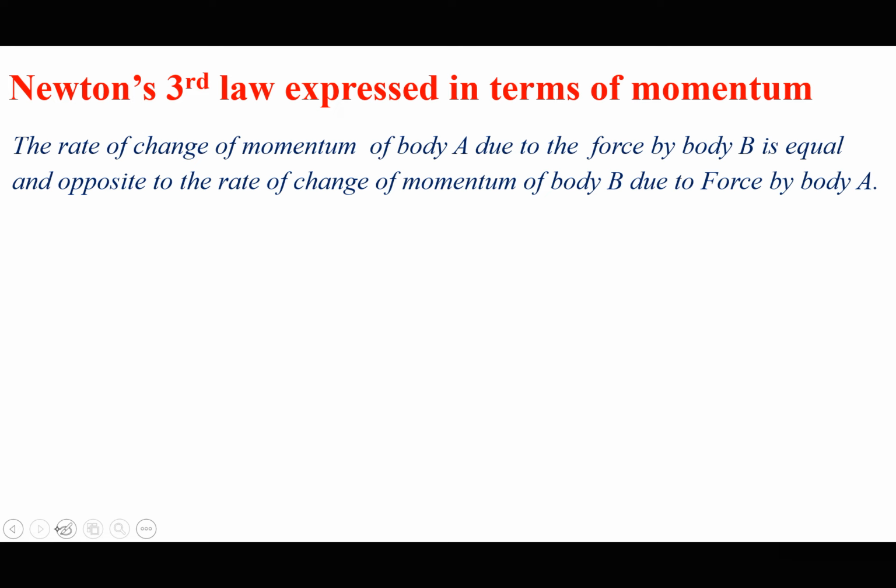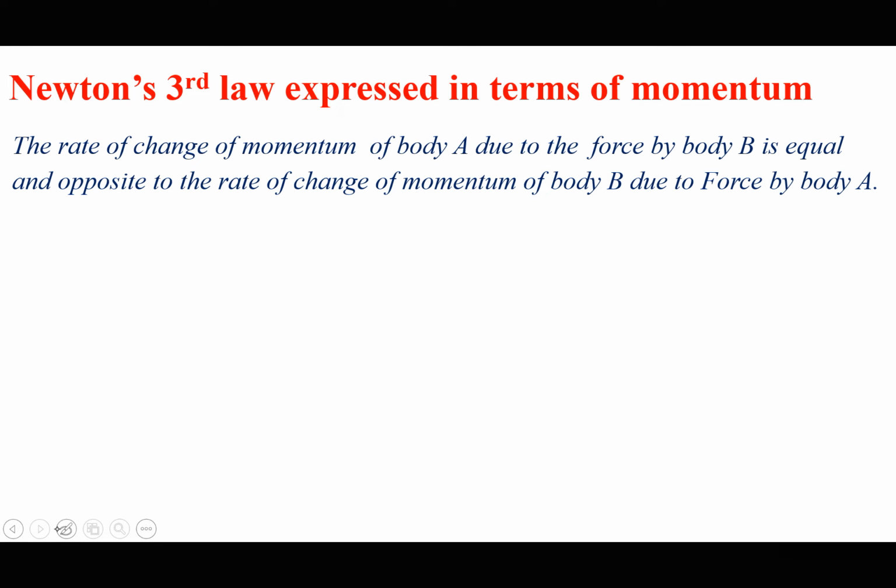We are just modifying Newton's third law of motion, which stated that the force on body B by body A is equal but opposite to the force on body A by body B. And since force is the rate of change of momentum, instead of saying force, I'll just say the rate of change of momentum of body A due to the force by body B is equal and opposite to the rate of change of momentum of body B due to the force by body A. That is Newton's third law in terms of momentum.